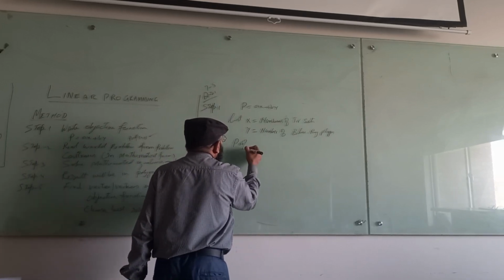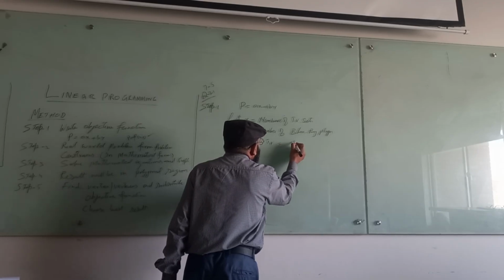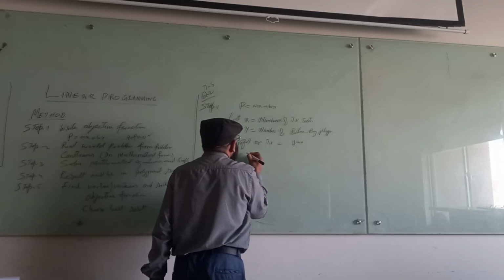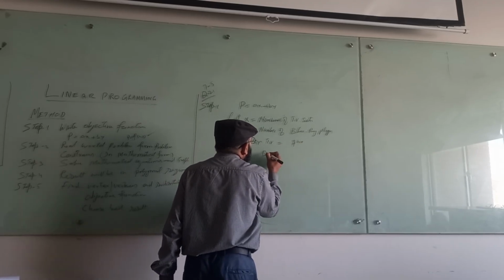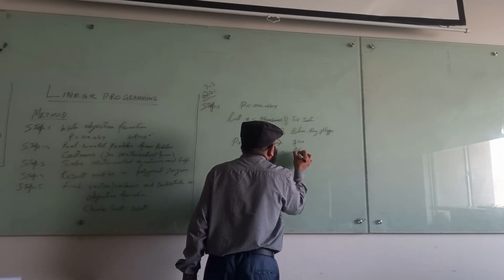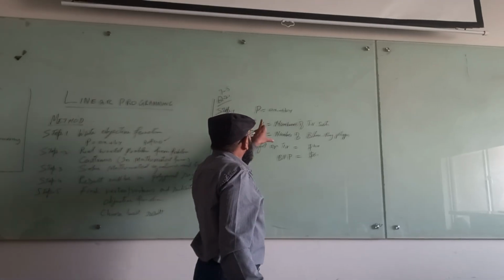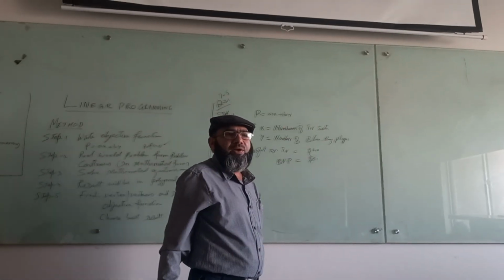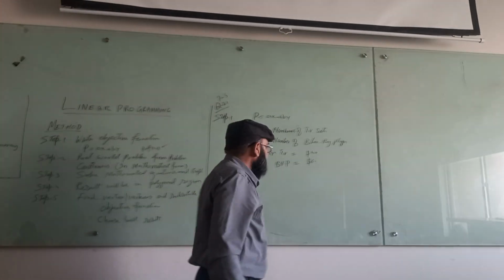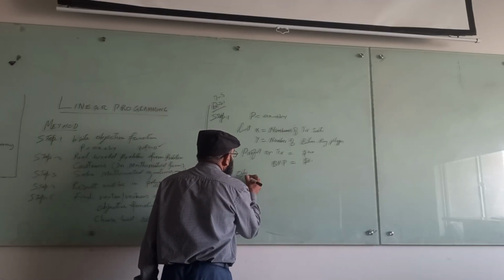Next, our problem constraint becomes profit. The profit on TV is $40 and the profit on a Blu-ray player is $60. By combining these two, we can construct the objective function.